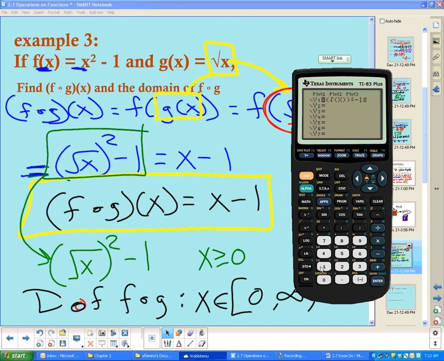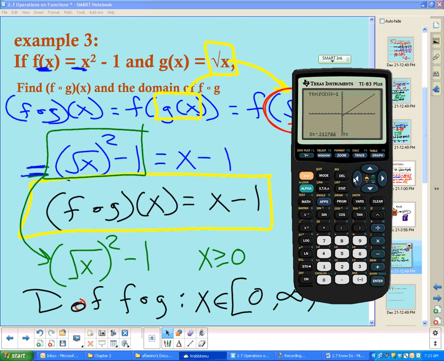So that's that green boxed unsimplified version. I'm going to go with a zoom 6 just so we can look at it. And we can see that the graph does not exist everywhere. It only exists starting at x equals 0. I can confirm that using the trace button. x equals 0, y equals -1. If I hit my left arrow key just one button push, boom.